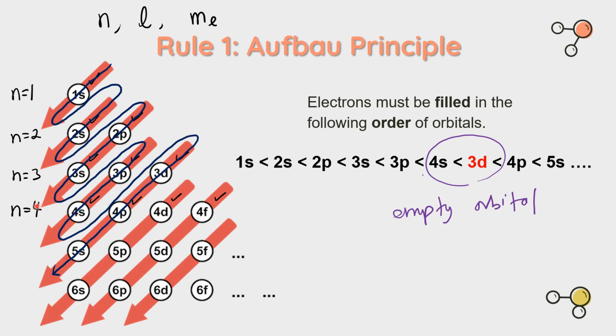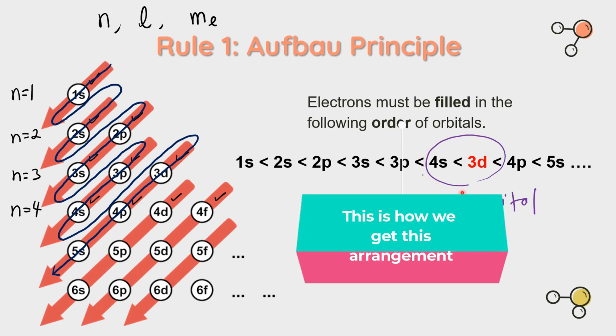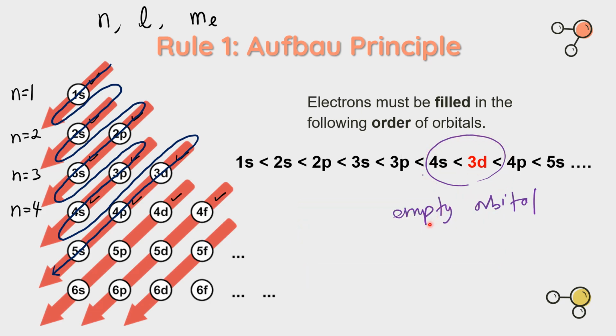By doing this trick, you will be able to get this arrangement of orbitals according to Aufbau Principle. And please remember, between 4s and 3d, for the empty orbitals, the 4s energy level is slightly smaller than 3d.